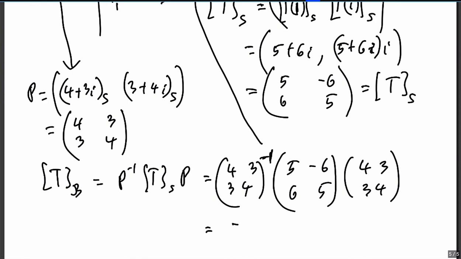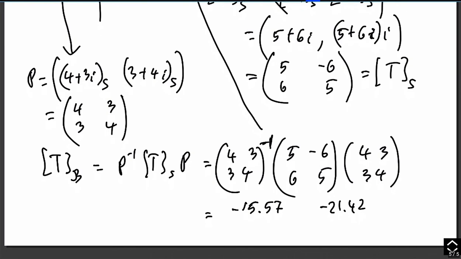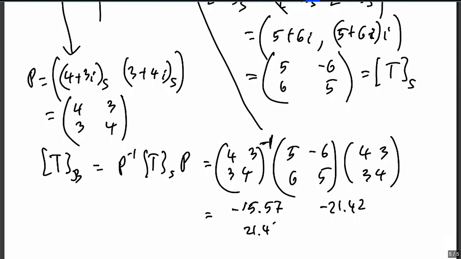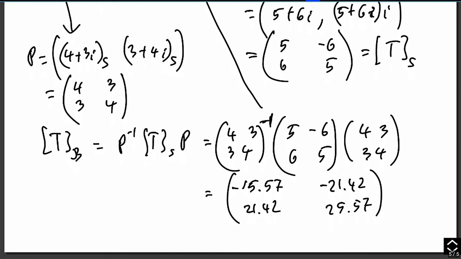Like in this case, you get something like minus 15.57, minus 21.42, 21.42, 25.57. You have to watch out for rounding error. So you use at least 4 decimal digits in WebWork, and that shouldn't be a problem.